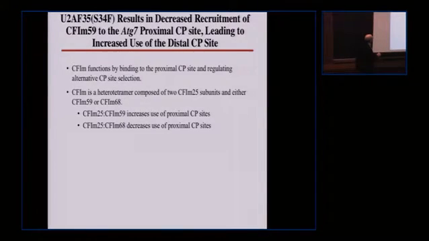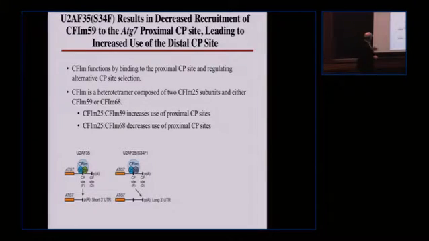This is a complex that regulates use of alternative CP sites. It binds to the proximal CP site, and there are two forms of this complex that have antagonistic function. One of these contains a 59 kilodalton subunit, which increases use of proximal CP sites, and the second complex has a 68 kilodalton subunit instead, and that decreases use of proximal CP sites.